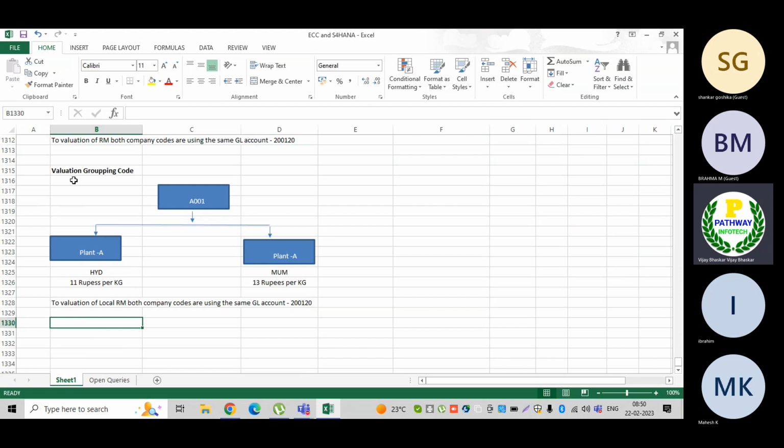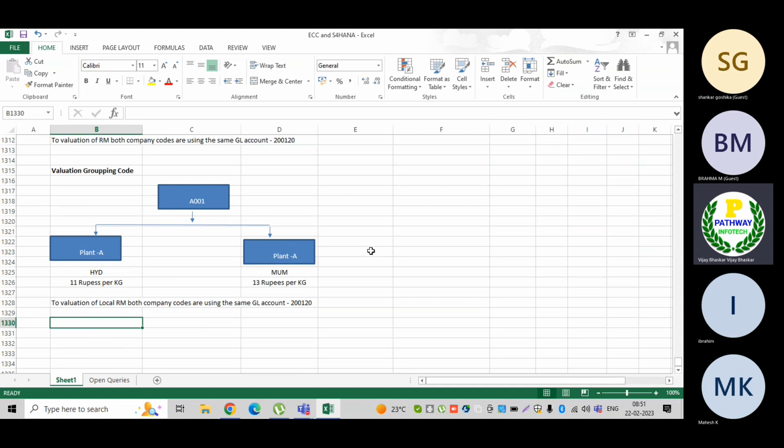For this, I can use the valuation grouping code. As I said, each plant is a valuation area. If I want to use the same GL account for multiple plants, I need to group these plants together.